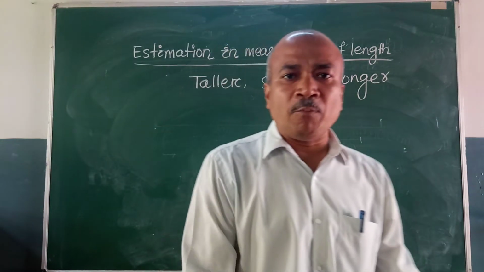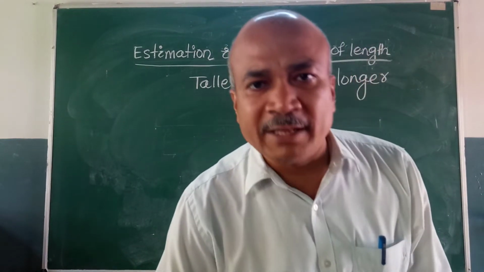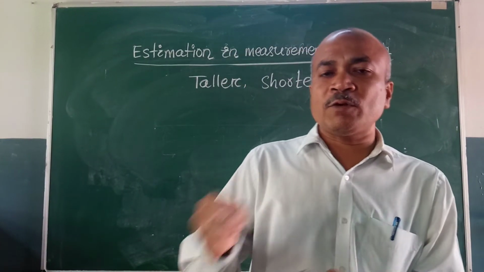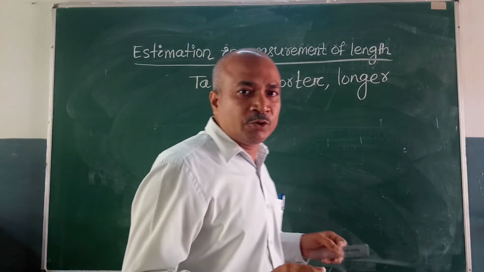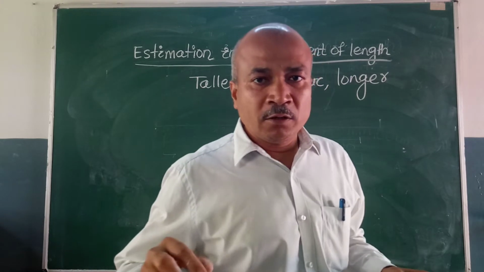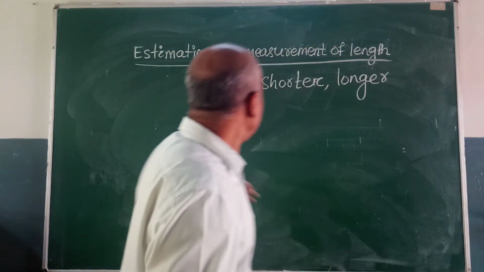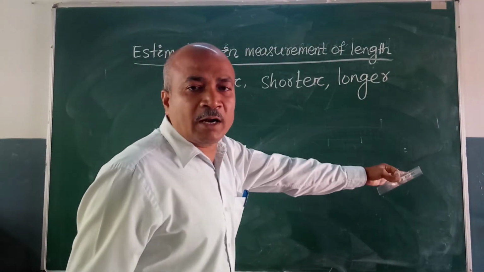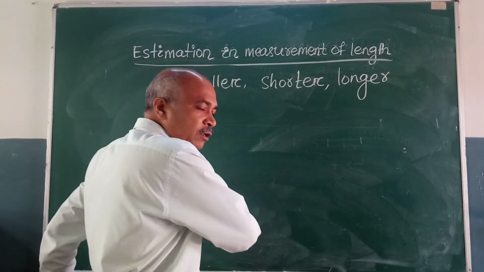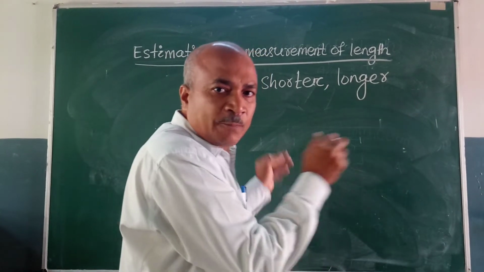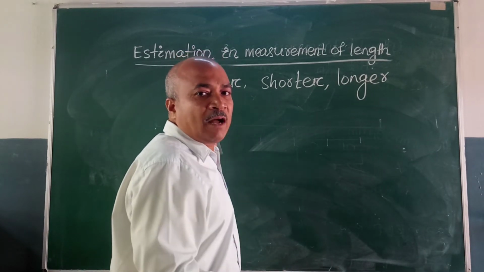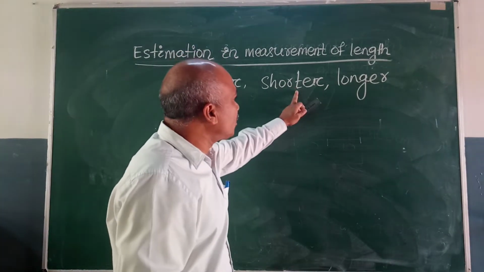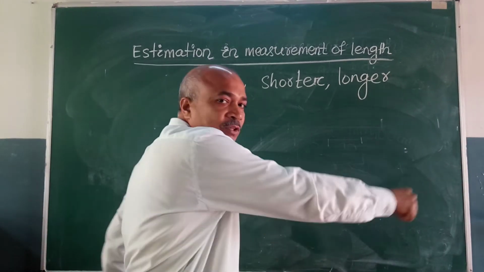So when you are comparing between two things, which one is longer, which one is shorter. Now suppose I ask you the length of the blackboard and the length of the classroom. If you are comparing between these two, you can say that the blackboard is shorter than the length of the classroom.